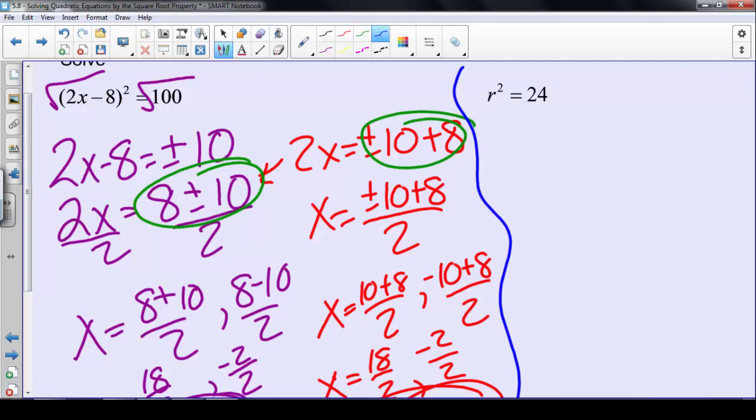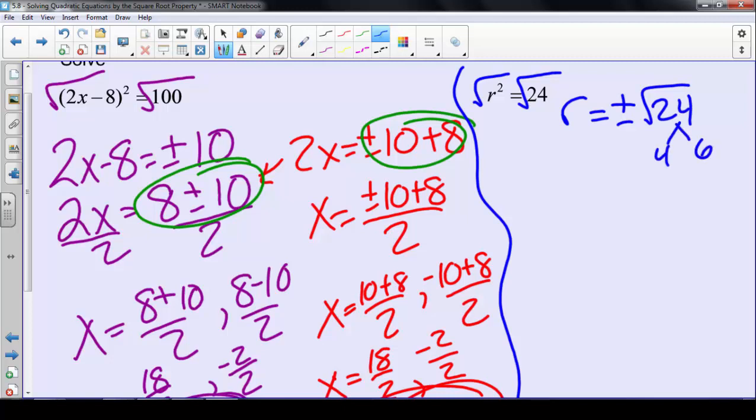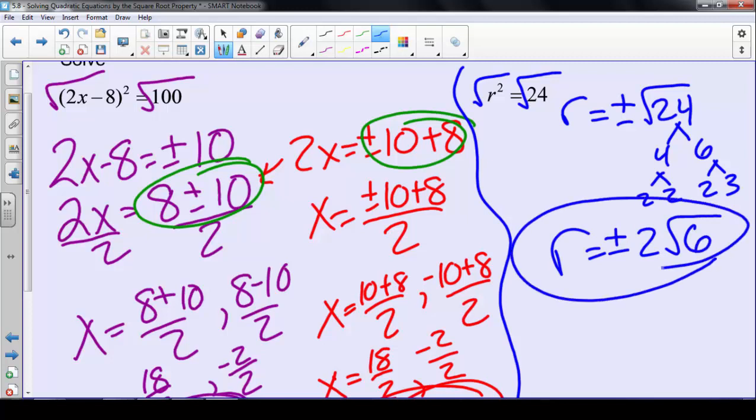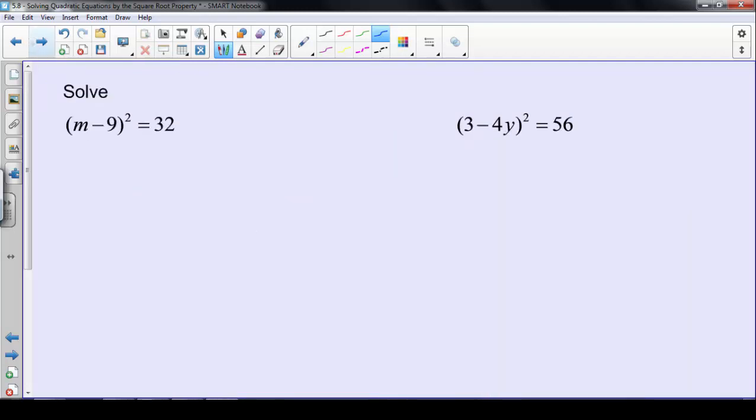Alright, coming on to this next one, we can take the square root of both sides. Don't forget that plus or minus. And then let's simplify our root. And we can leave it like this. Take our square root of both sides.